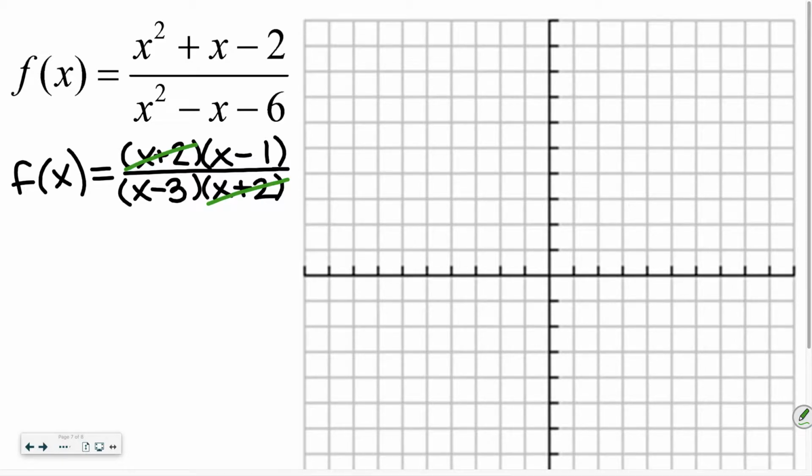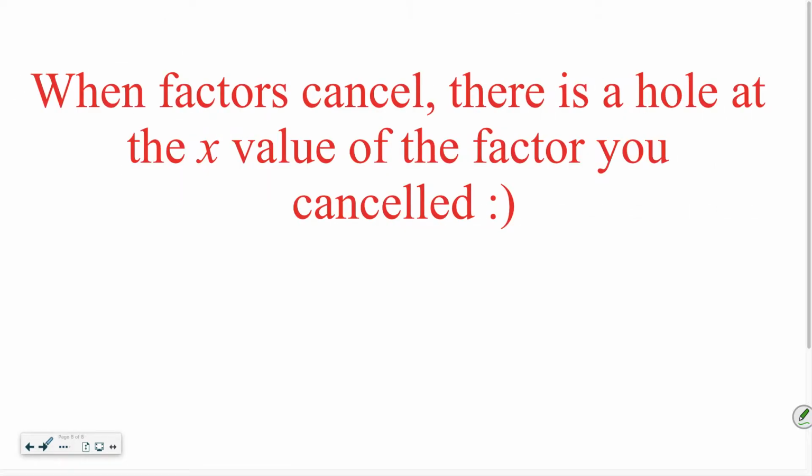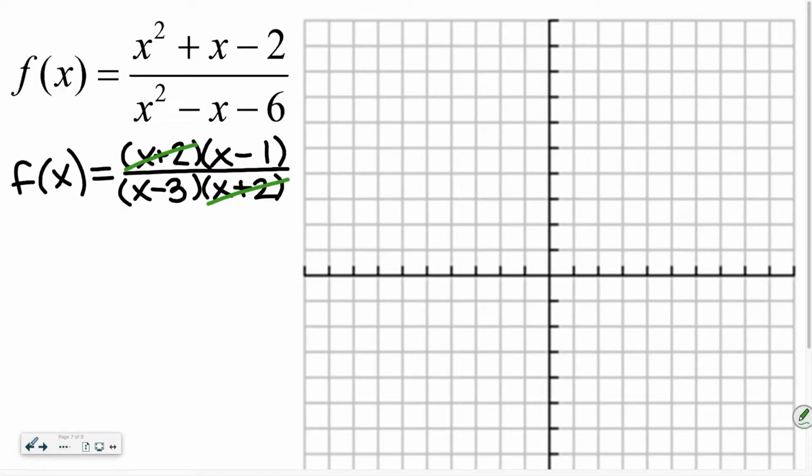When we cancel, there is a hole at the x value that you just canceled, at x equals -2. It makes our original denominator 0, so it's an undefined value. However, since we're canceling it out, there's not an asymptote there. It goes away. But we notate on our graph that there's an undefined value by a hole.